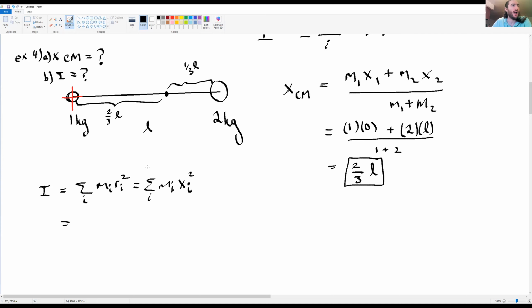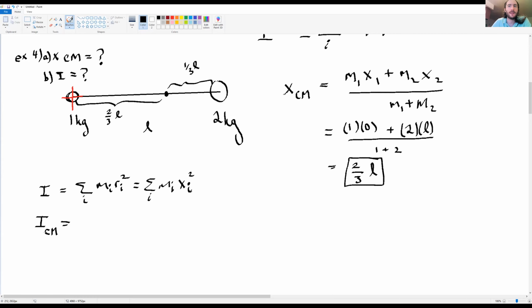That is the moment of inertia if you were to rotate that object about the point that you're calculating it from. So we are going to calculate the moment of inertia about the center of mass, so I will subscript it, I_CM.